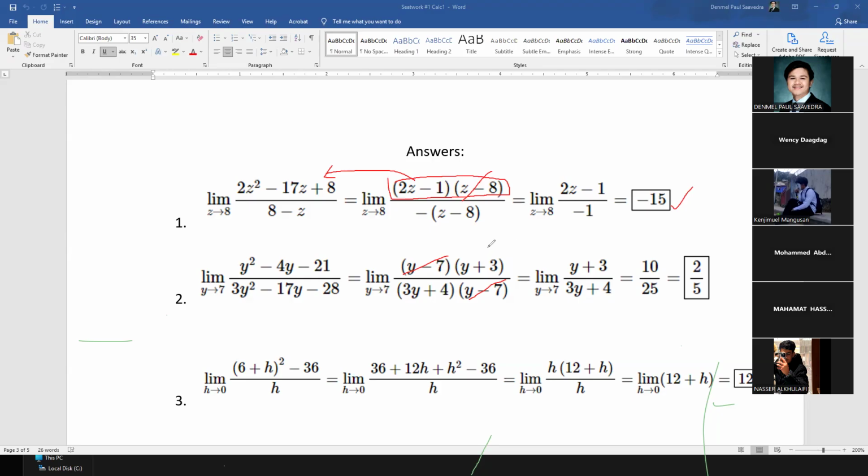But if we can find ways to cancel out terms and get a result that is not indeterminate, then that is the correct answer. It is better if you do that.